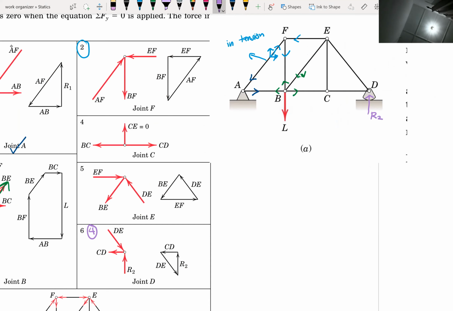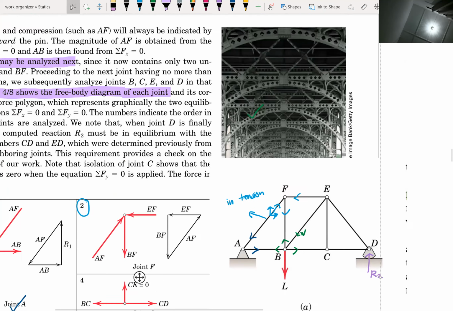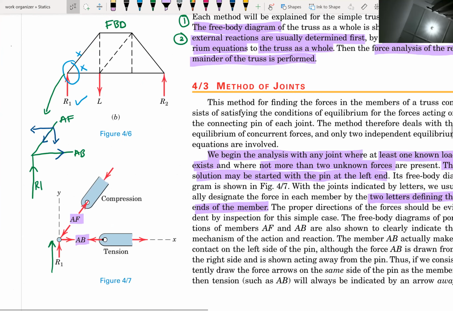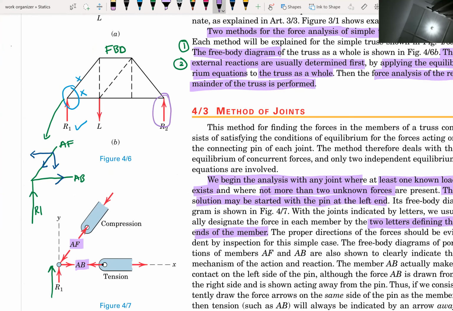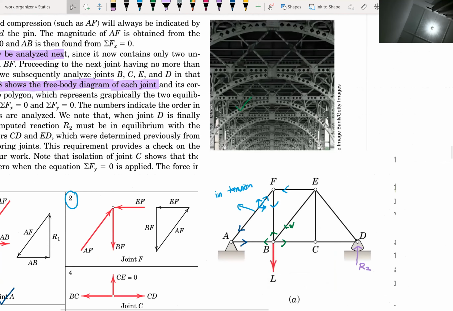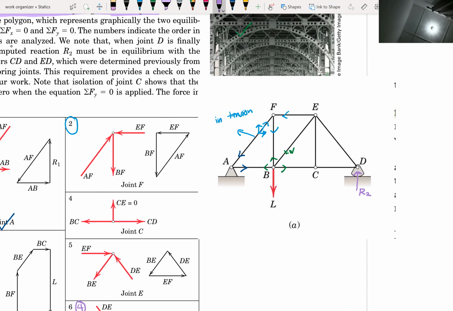If you're not sure, let's take a look at the previous picture. This is going upward, so there must be a downward one. So this one should be downward, and this one will automatically be the force in the X axis going to the right, so this one should be going to the left.